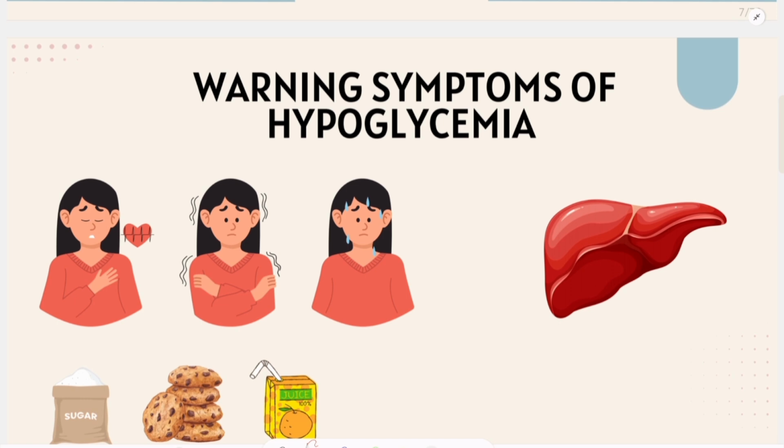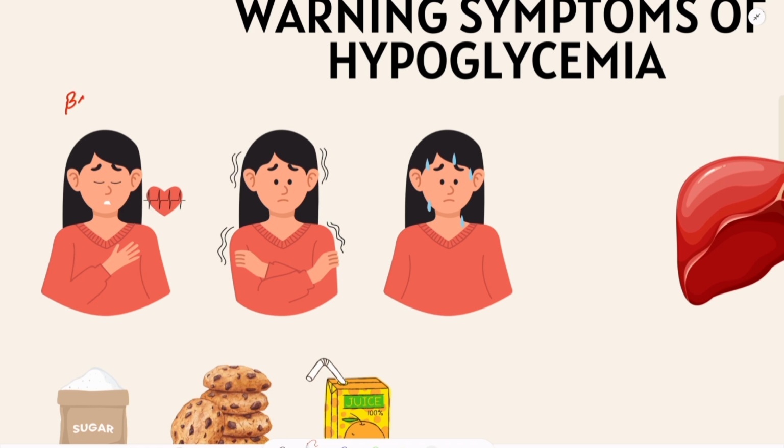So hypoglycemia is an emergency, and our sympathetic system helps us to protect against emergencies. So the sympathetic system will try to protect us from hypoglycemia. How will it protect? Whenever a person develops hypoglycemia, the sympathetic system becomes overactive. When the sympathetic system is overactive, it will stimulate beta 1, beta 2, and in case of sweat gland, the sympathetic cholinergic system. When beta 1 receptor is stimulated, it causes tachycardia.